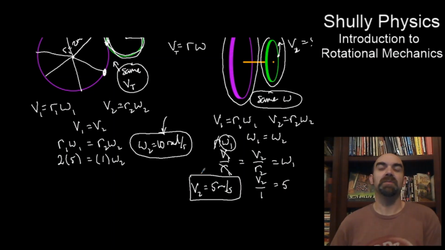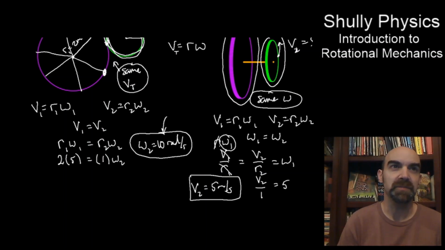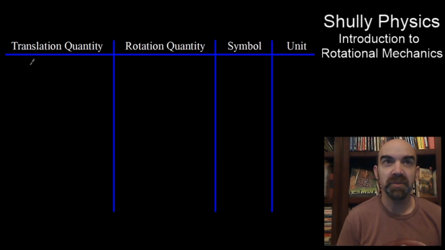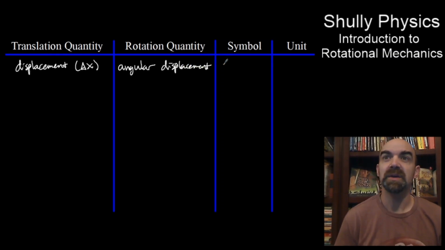Now you might be saying, hold on, Mr. Schallenberger, where do the meters come from all of a sudden? Well, that's what I want to get into in the next screen. In translational motion, we have the quantity of displacement, and we use a delta x to determine displacement. Now there is a direction to that, so displacement is a vector value because it has direction. Likewise, angular displacement also has a vector value. It's got a direction to it. And again, just like delta x, we have a change in position.